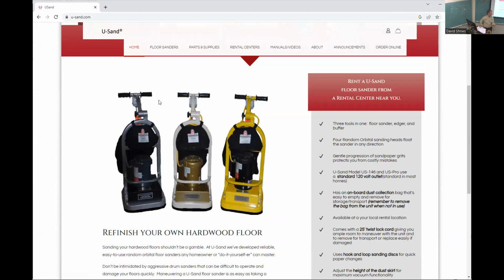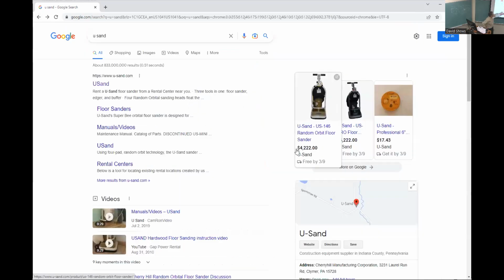These sanders are so specialized and so unique that there are no substitutes. So when you look at the bills, it's different.